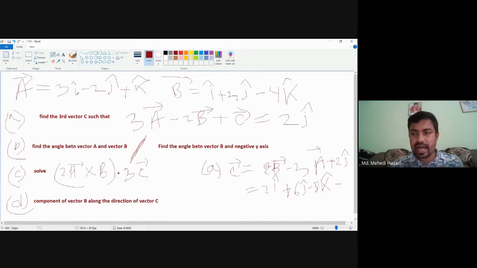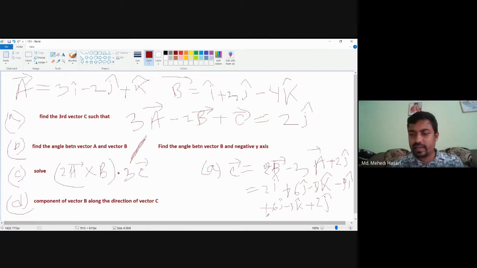So this is 2B, and there is a minus sign in case of A, so 3 into 3 is 9I, then minus into minus is plus, 6J and minus 3K, and remaining is 2J.